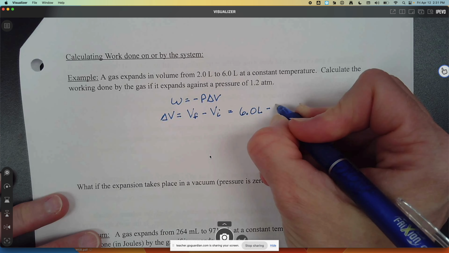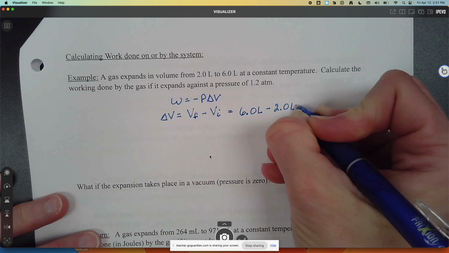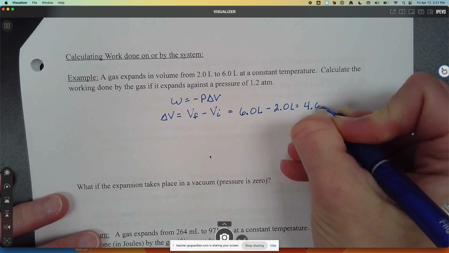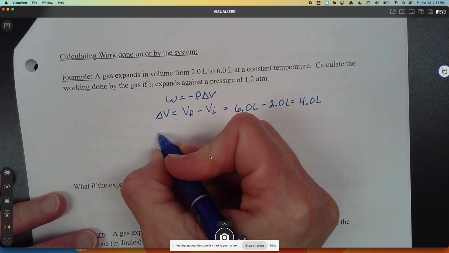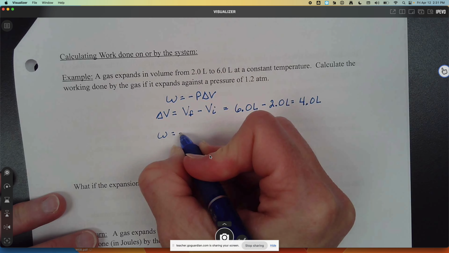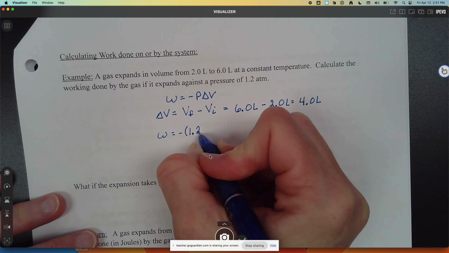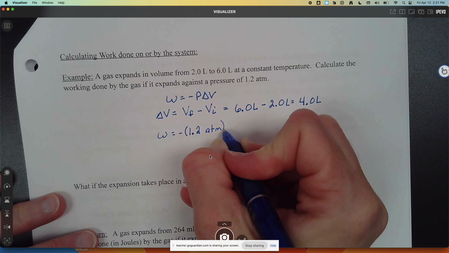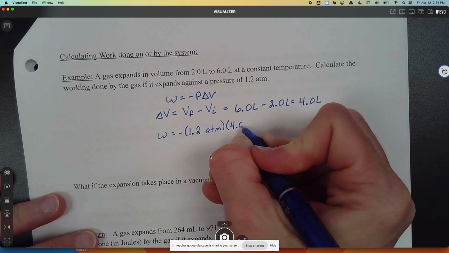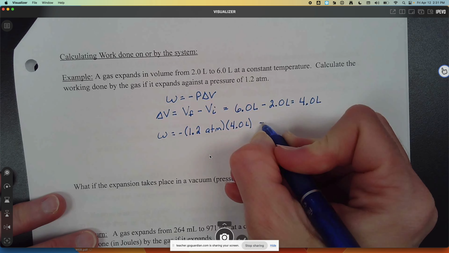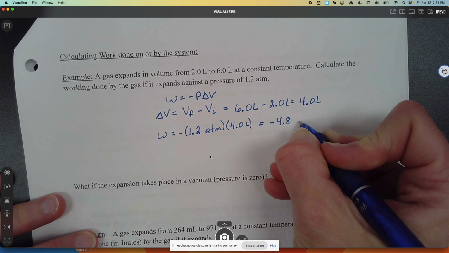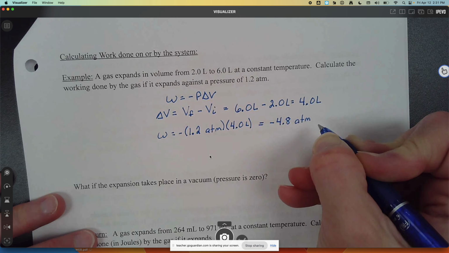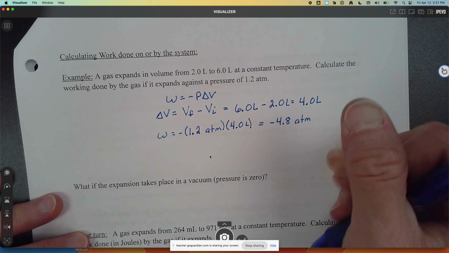6 liters minus 2 liters. Our volume has increased by 4 liters. To calculate the working done here, negative 1.2 atmospheres times 4 liters ends up being a negative 4.8 atmospheres, or liters times atmospheres.